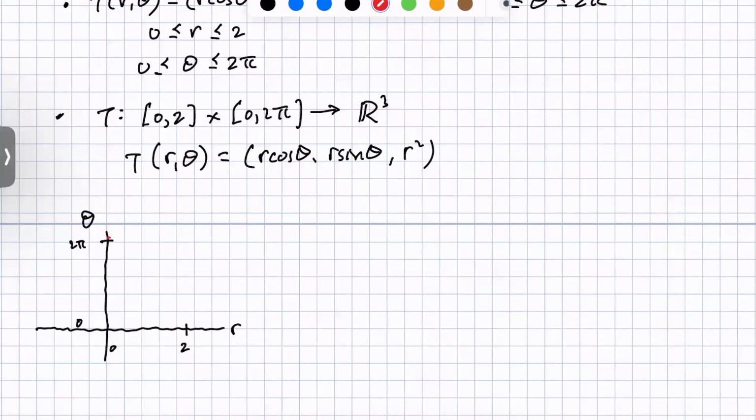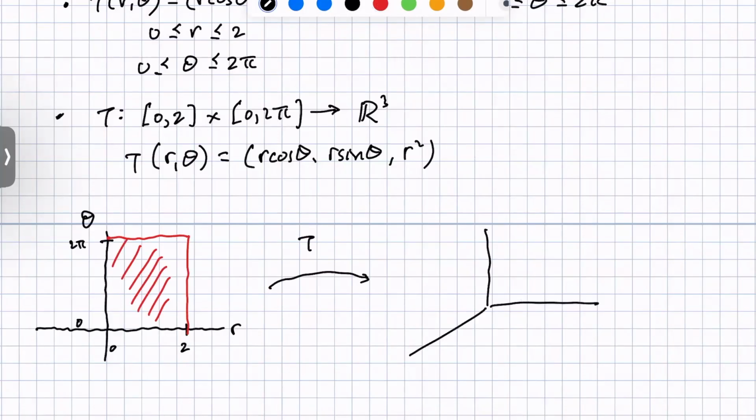So what you're doing is you're taking this rectangle in r theta space, and you're going to take that via T, and you're going to bend it into a paraboloid that looks like this.